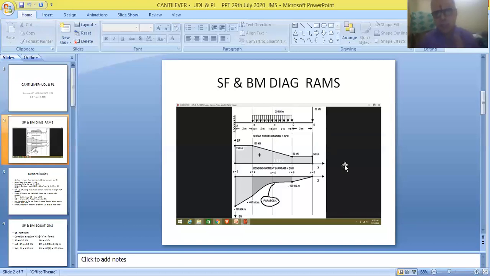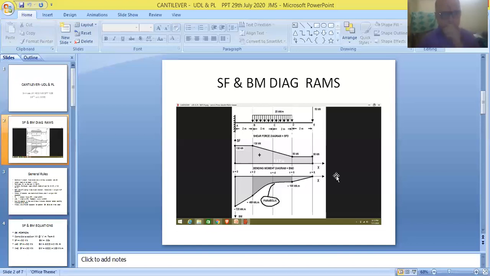So friends, capital W is generally used for indicating the magnitudes of point loads, and small w is used for indicating the magnitudes of uniformly distributed loads.